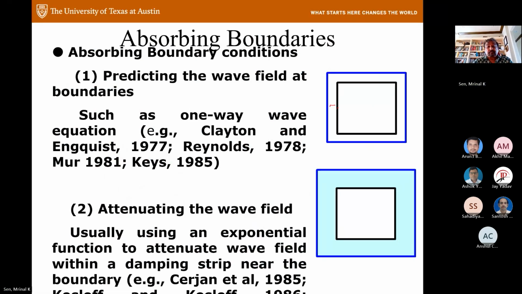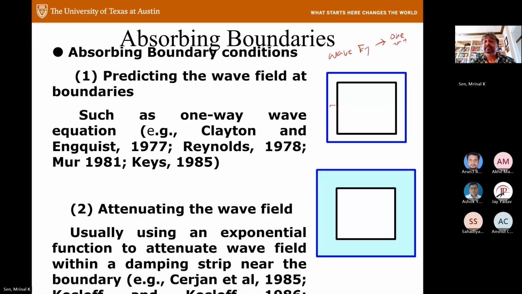Okay, and this is a reasonable approach, considering that this was done many years ago. And the limitation of this approach is that splitting your wave equation to one way can only be done approximately.